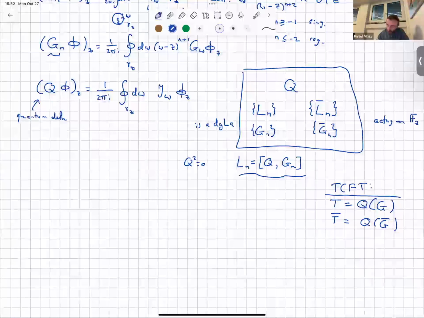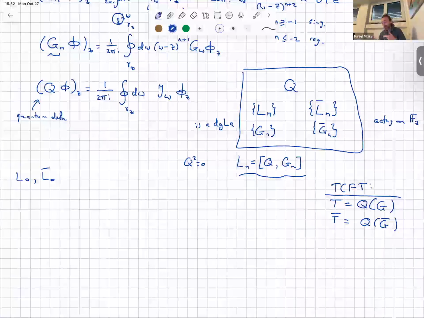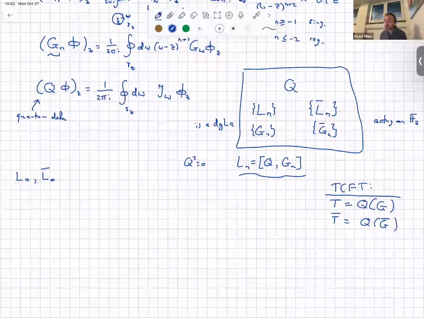So there are some objects that are particularly important. For instance, in usual conformal field theory, L0, L0 bar are important because their action on fields can usually be diagonalized, and their eigenvalues are what we call conformal weights, right?